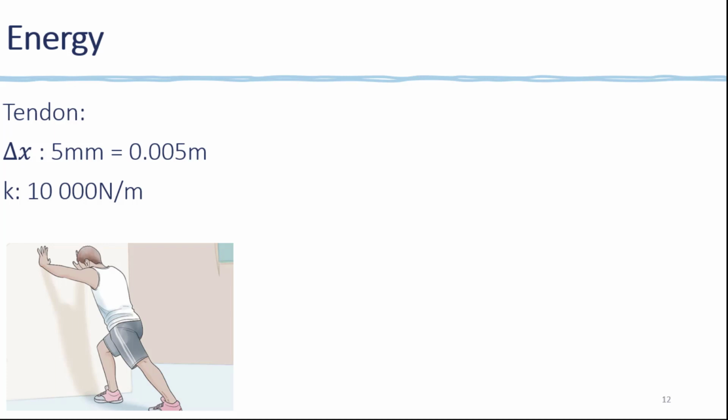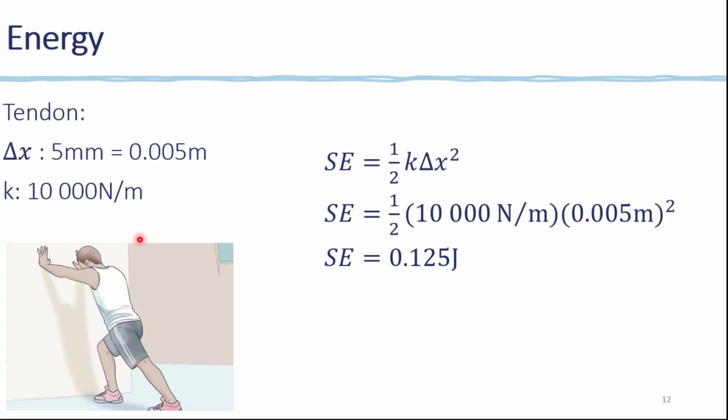If we know that the deformation or the delta X is 5 millimeters, we can convert that to 0.005 meters so that all of our units are in the same metrics. And we also know that the stiffness of the tendon, or the K value, is 10,000 newtons per meter. So we plug all that into our strain energy equation, and we find that the strain energy is 0.125 joules.